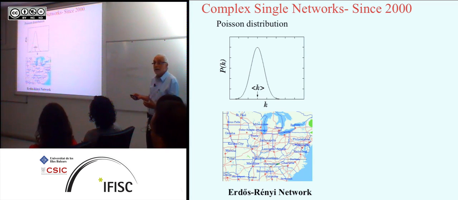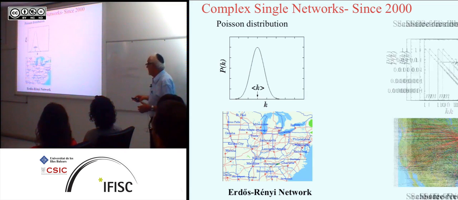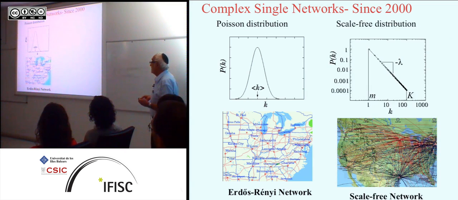But we realized only in 1999, just 12 years ago, that real networks are not Poissonian. Most people in mathematics or computer science assumed that networks are Poissonian. This was the assumption when they studied computer networks, or the internet. But in 1999 it was realized that networks are actually more complex.